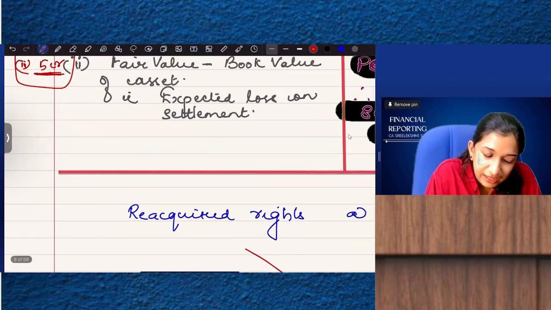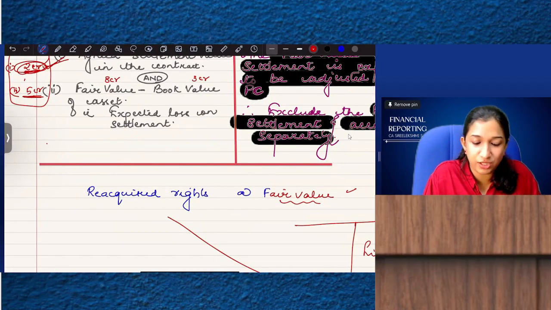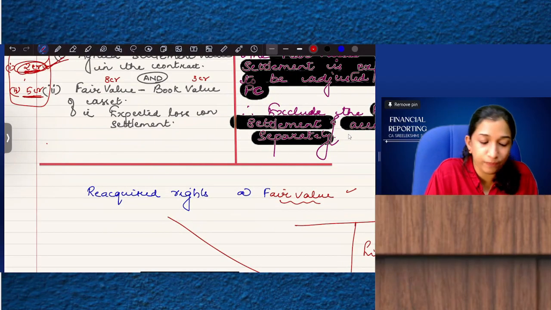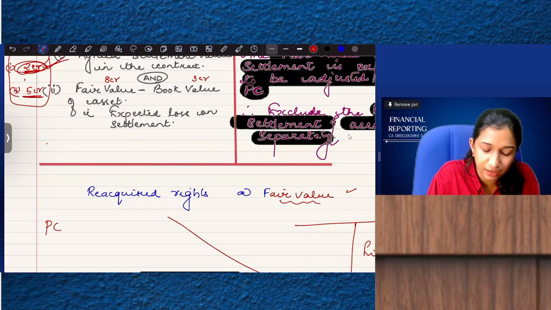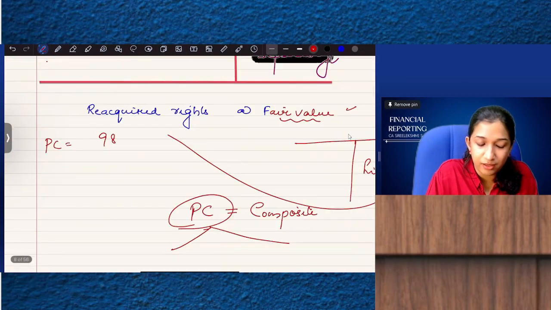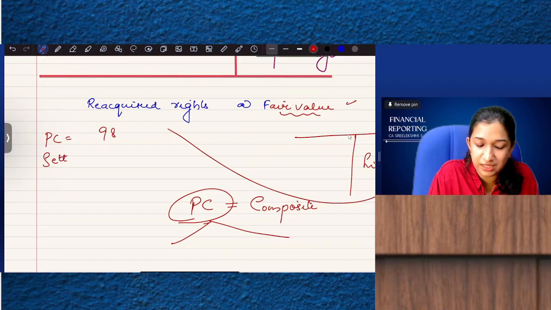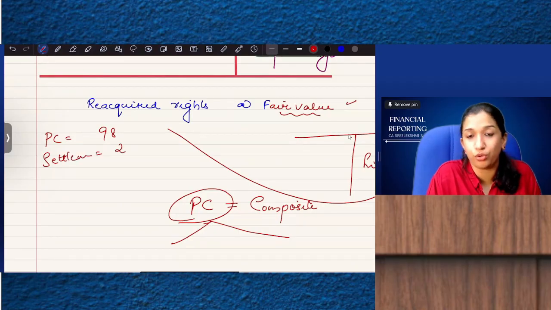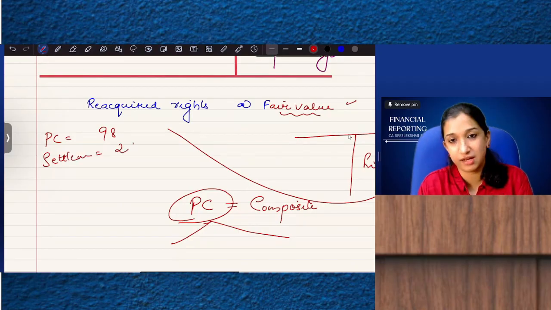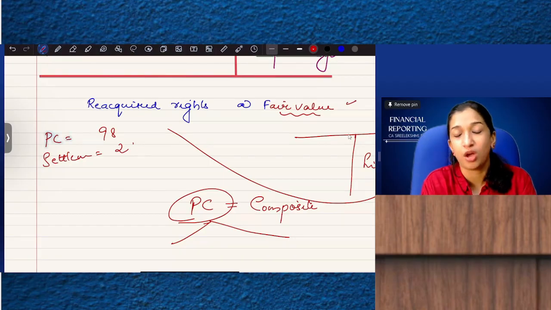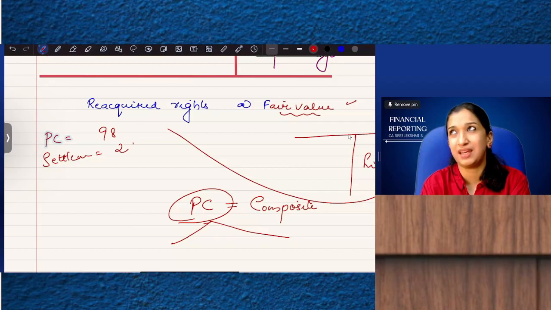Therefore, 98 crore will be considered as purchase consideration. PC you will take 98 crore. Then settlement of penalty you take 2 crore. Cash 100, of which 98 is towards business combination and 2 towards settlement of that liability, the termination penalty payment. Did you get this?